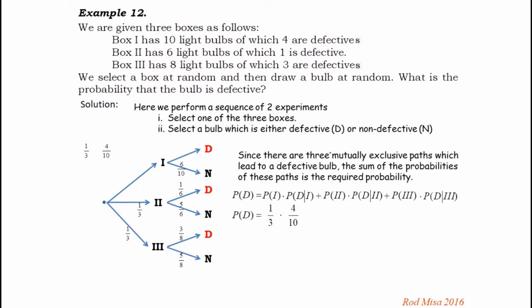The second case is choosing the second box, which has a probability of 1/3, and then selecting a defective light bulb from this second box, which is 1/6. So we have 1/3 times 1/6. The third case happens when you have chosen the third box, which has a probability of 1/3, and then selecting a defective light bulb from this third box, which is 3/8.